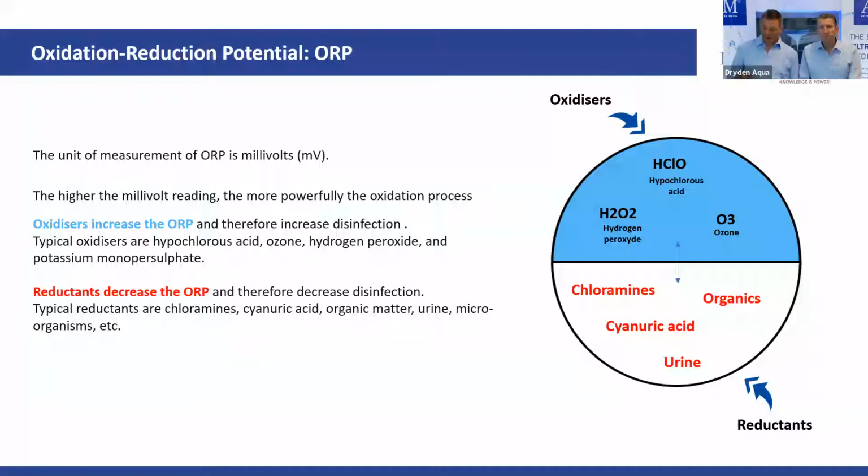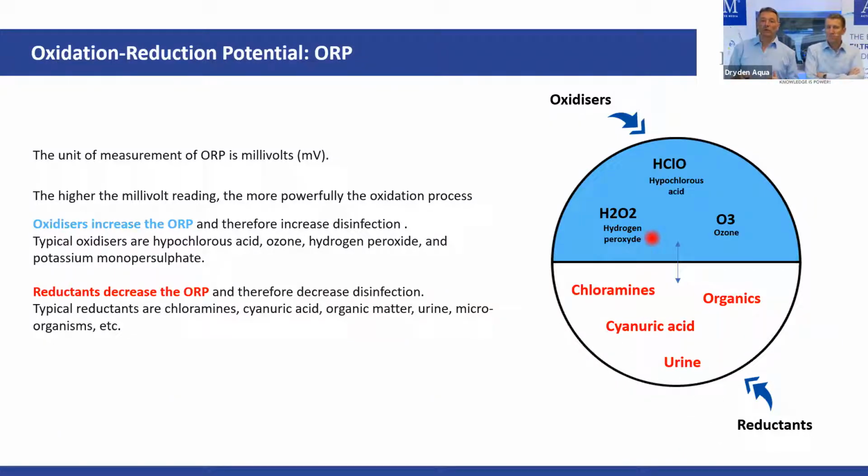Up here you have the oxidizers. The more oxidizers you have, the higher this ORP. Below, you have the reductants: chloramines, organics, cyanuric acid, urine. The more you have of these, the lower the ORP. So oxidizers above, reductants below.